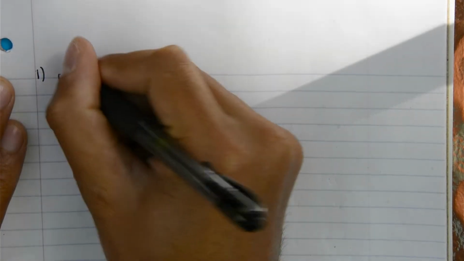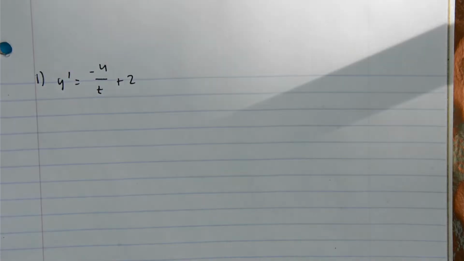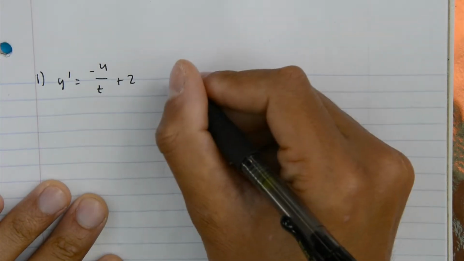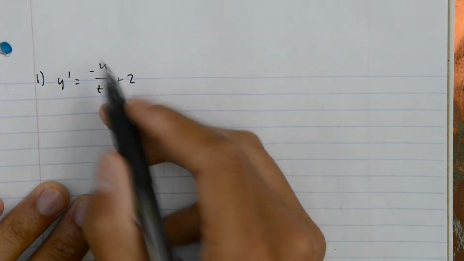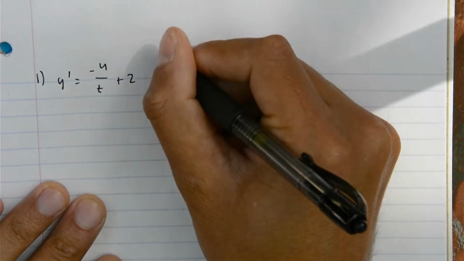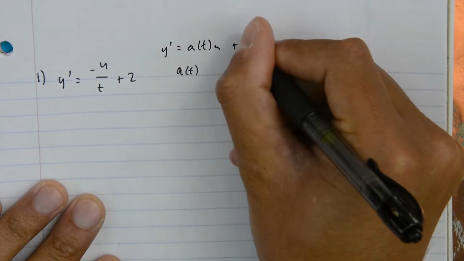So problem 1, y prime is equal to minus y over t plus 2. So now we're supposed to solve this using integrating factors. So the first thing to do is I'll just write this out to understand a of t. Linear equations are y prime is equal to a of t times y plus b of t.